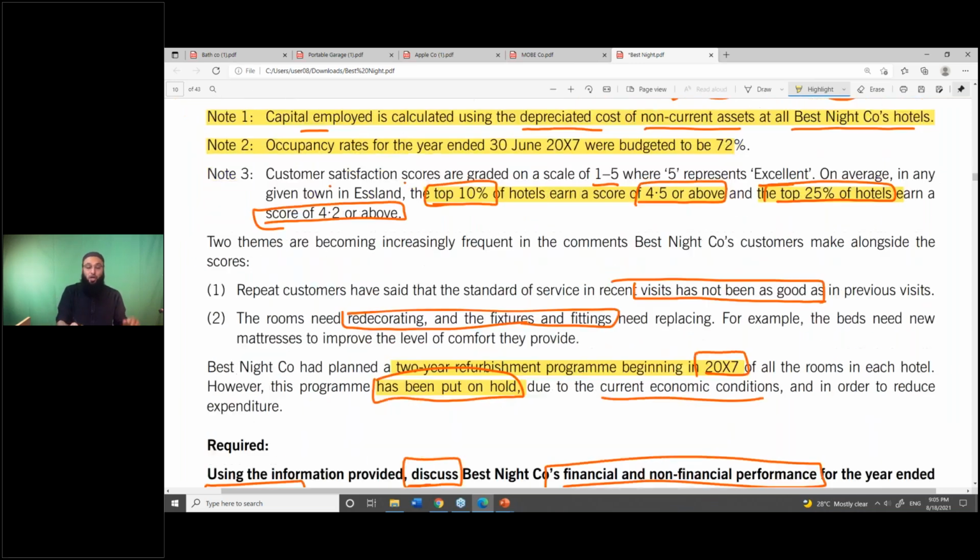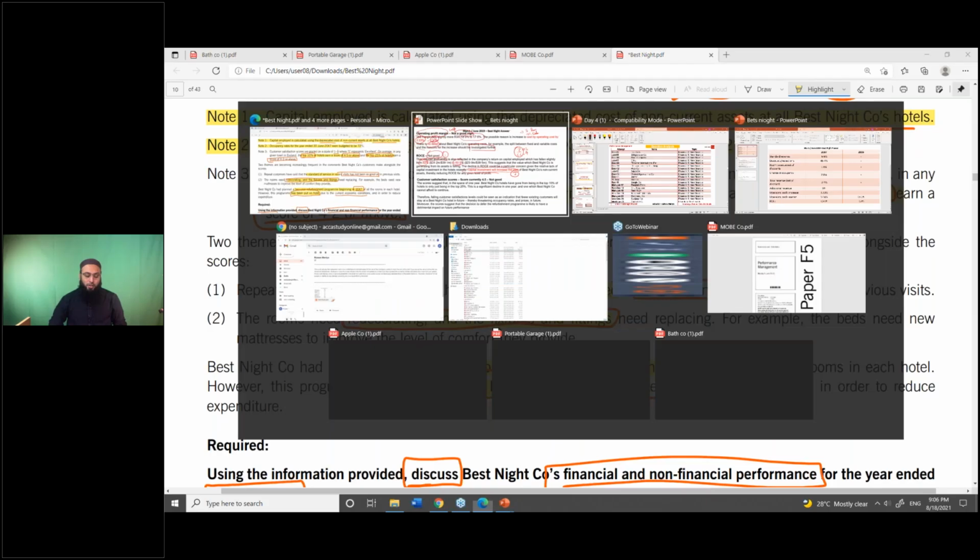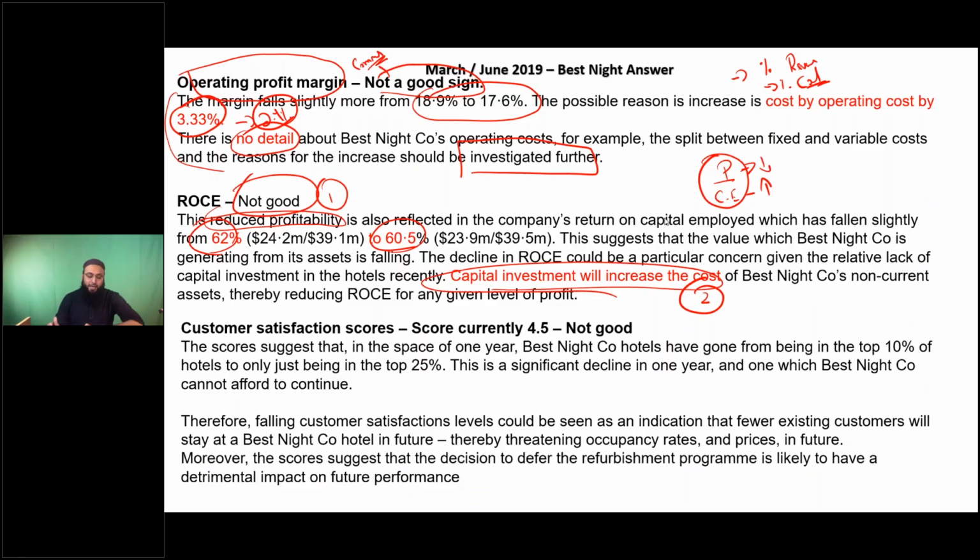And you just saw the direct reasons that people are saying that your standard service has gone down. This is the direct linking. Why did the score go down? Direct linking. Standard service has gone down and your fixtures and fittings are old, which needs replacement. So, why has the satisfaction score gone down? First, the comment part.